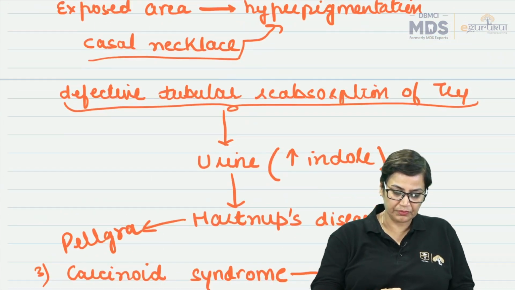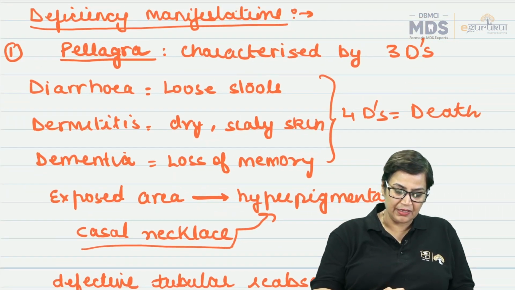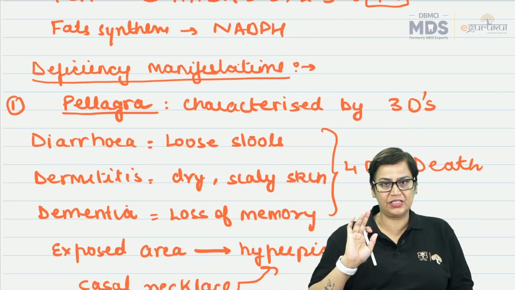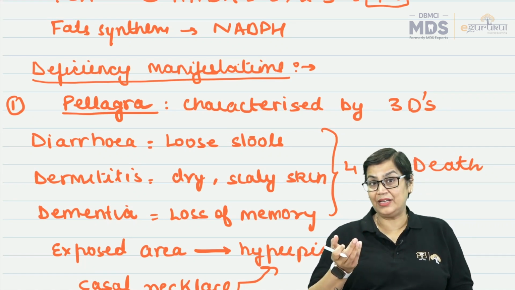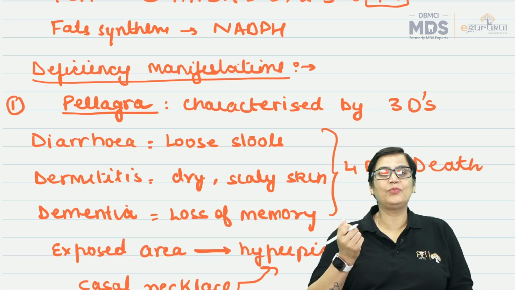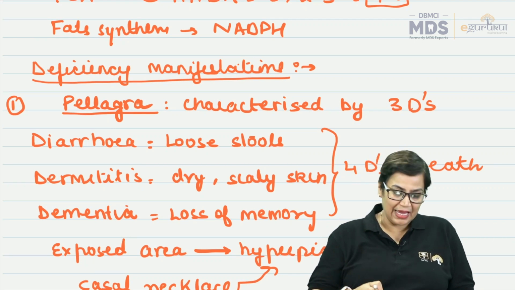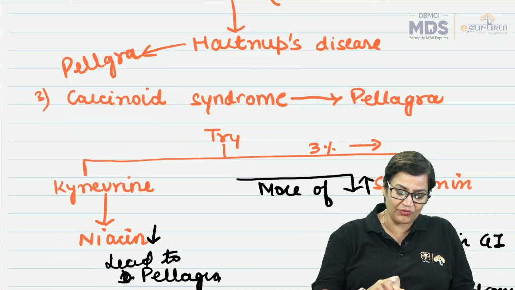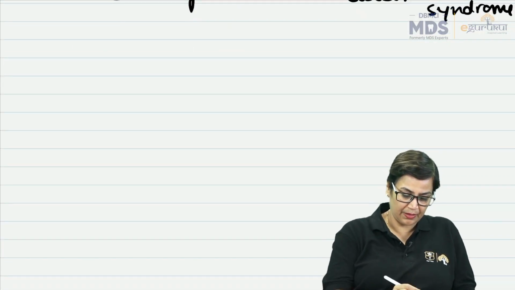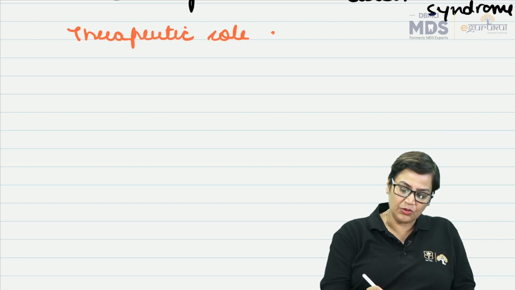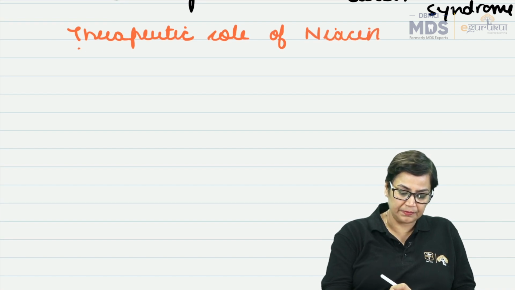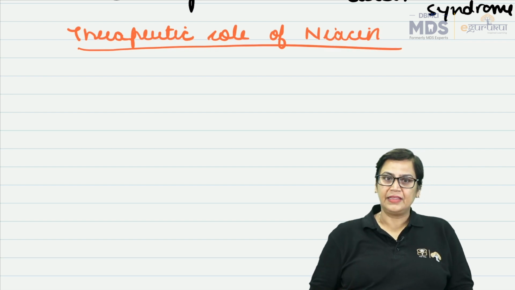Right? That was the deficiency manifestations. Now, this niacin being an atypical vitamin, it has a therapeutic role also. And what is the therapeutic role of niacin?